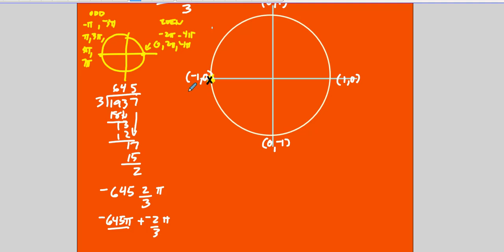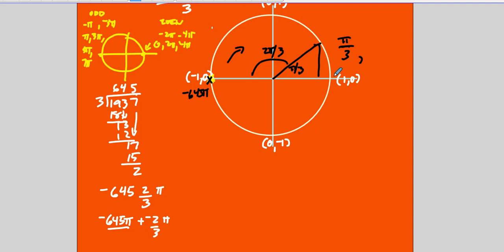Then I need to go another 2 pi over 3 this way. So that puts me over here in the first quadrant, because pi over 3 would be here, 2 pi over 3 would be here. And so my reference angle is pi over 3. So my smallest positive coterminal angle is going to be pi over 3.